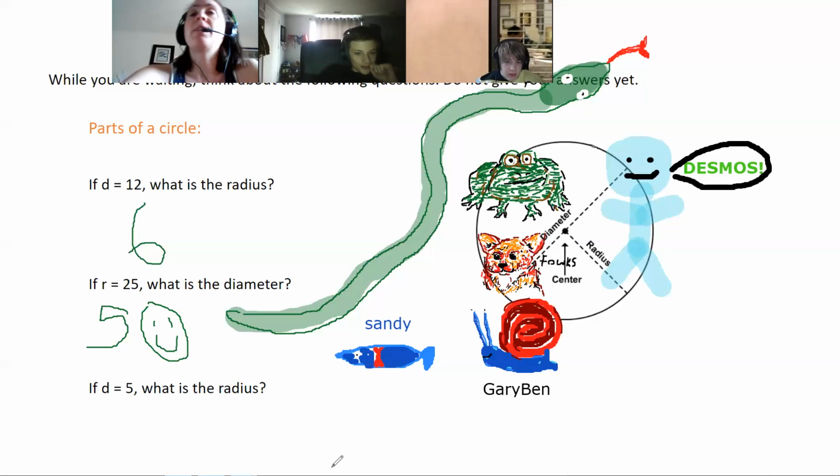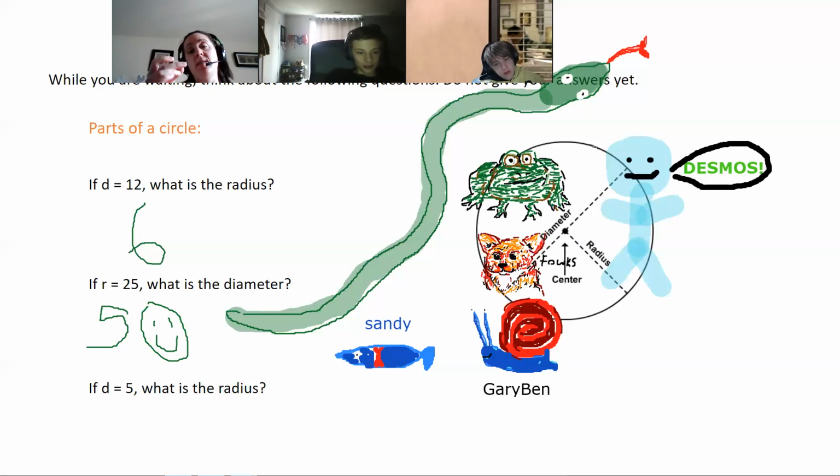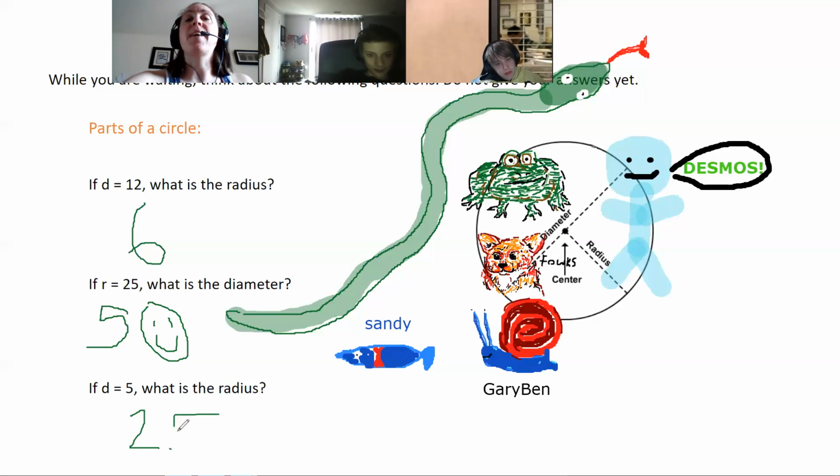If the diameter is 5, what would the radius be? 2.5. Very good. So radius is half that diameter.